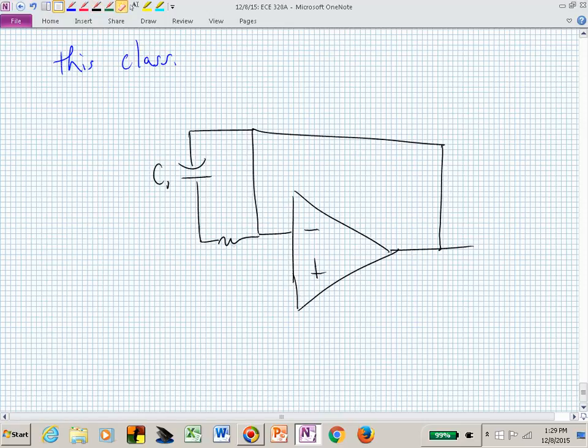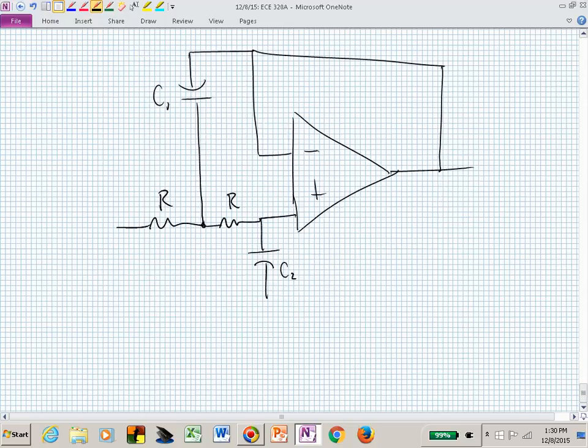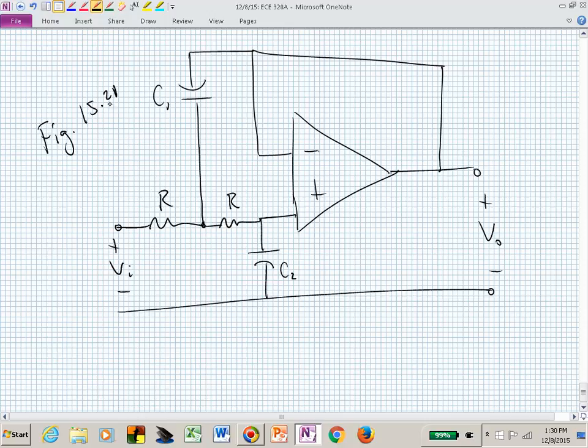Now we had feedback there, but now we come to the non-inverting terminal, and this comes down. The resistors are the same numerically, but the capacitors I'm going to have to choose to be different values. So I have one as C1 and one as C2. This is coming to us from figure 21 in the textbook.